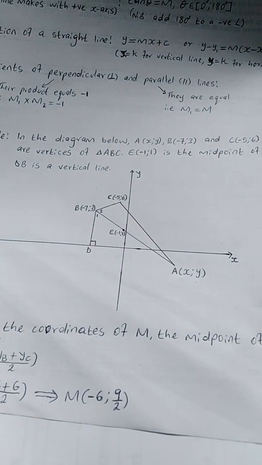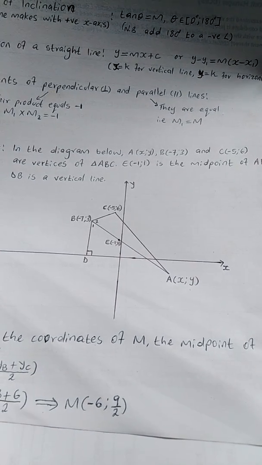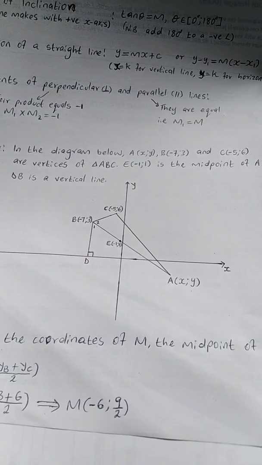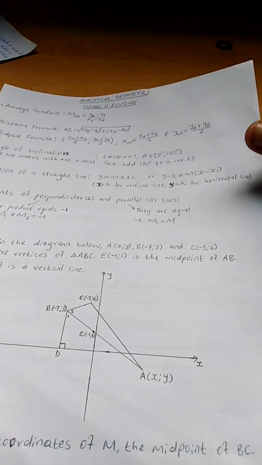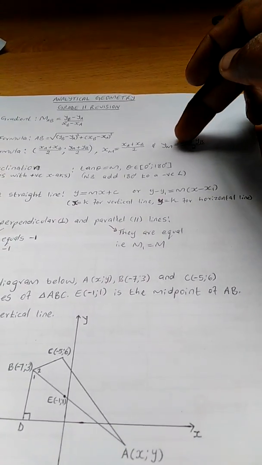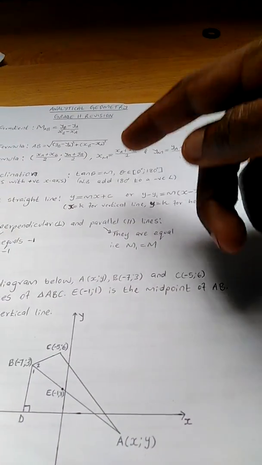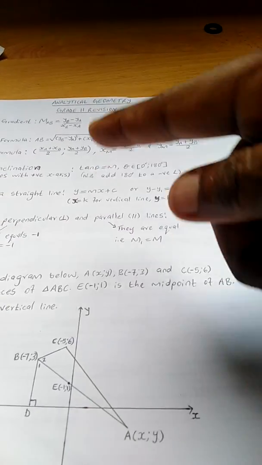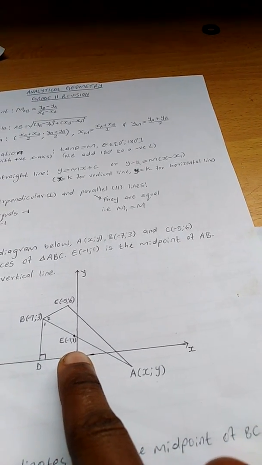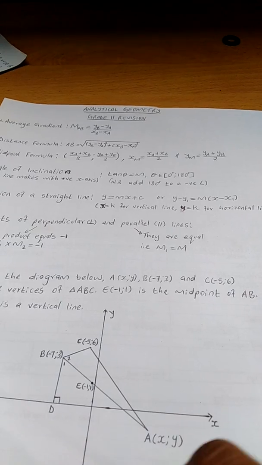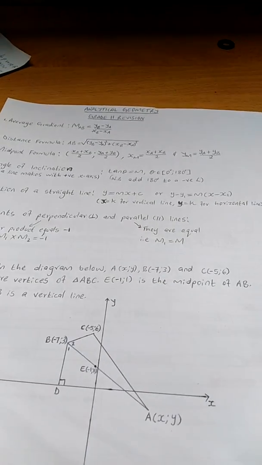In the statement, you're told that E is the midpoint of AB, and we do not know the coordinates of A, but they've given you the coordinates of E as well as those of B. Now, using the midpoint formula, E is the midpoint, so you're gonna have x of E equals x of A plus x of B all over 2, and y of E equals y of A plus y of B all over 2. Then you make your substitution.